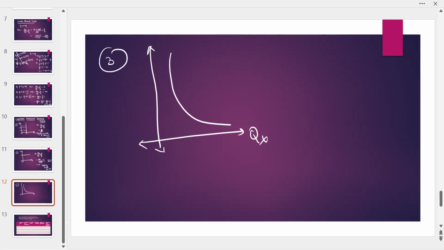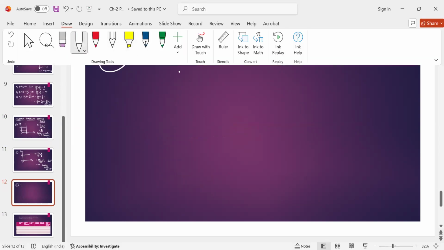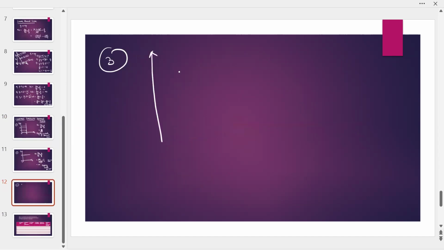Here, any change in the, I'll just draw it again. Right. So any change in the price, what happened? What is happening over here?